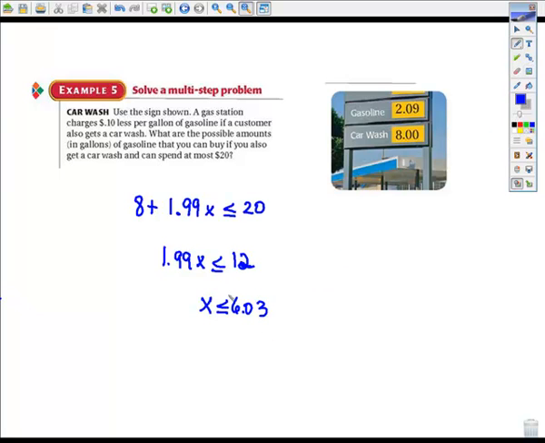So if we're going to buy whole gallons, then you can buy less than or equal to 6 gallons. You can't buy more, but you can buy less than or equal to 6. They're not asking us to graph this, so we can just write this. Less than or equal to 6 gallons, 6.03 gallons, or you can say at most 6.03 gallons.